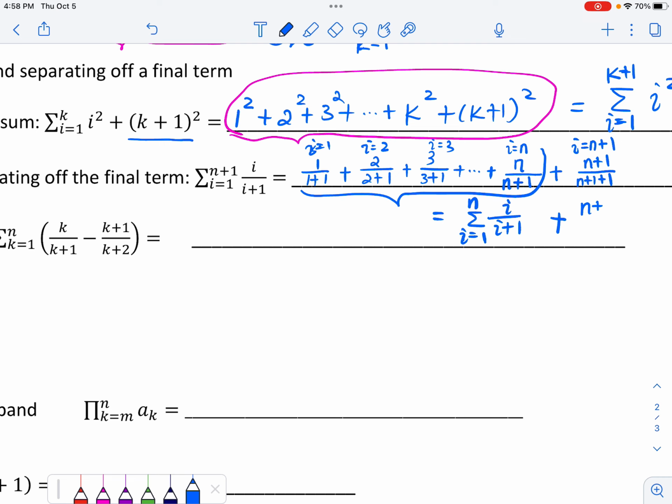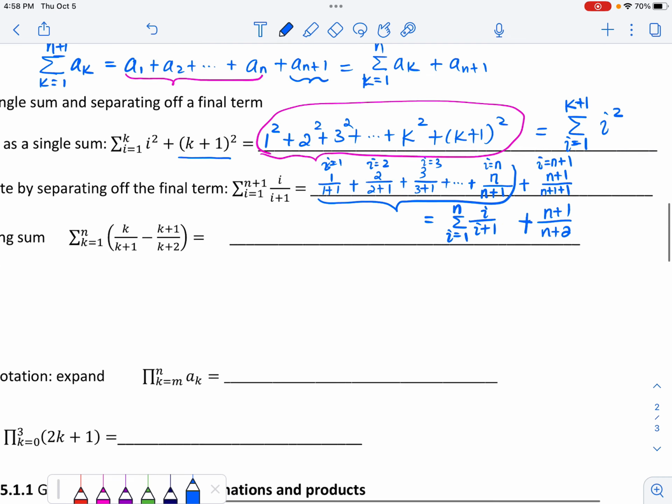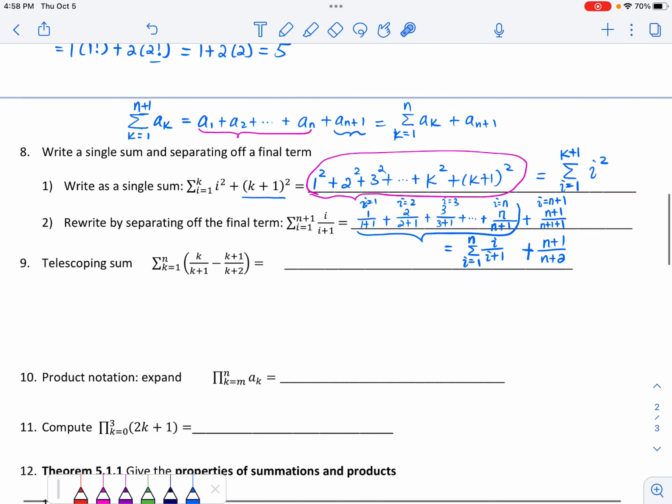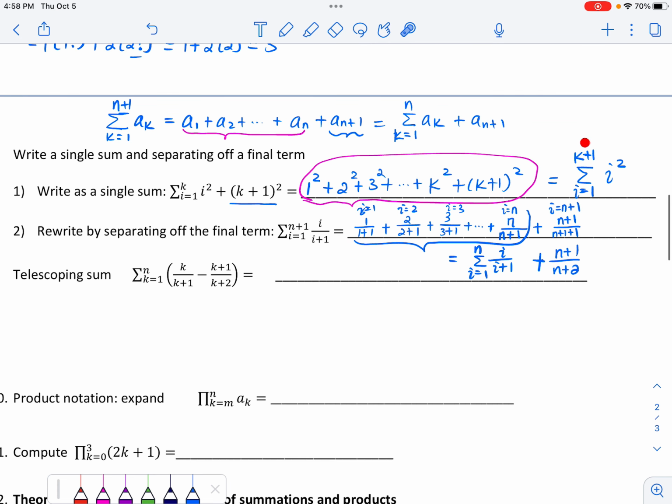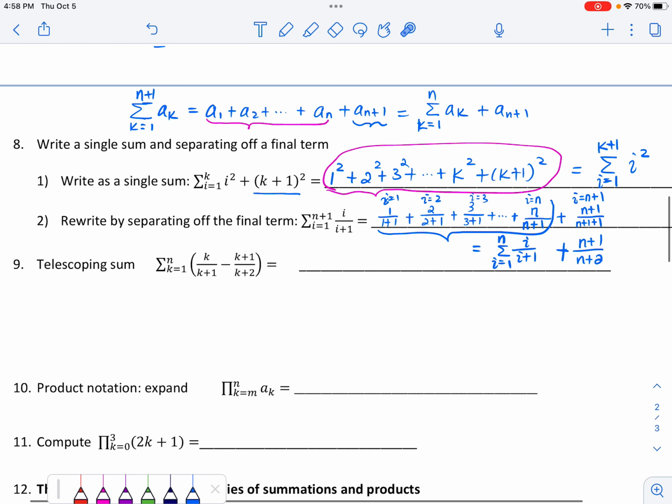So we successfully separate off the final term from this summation notation, and write it as a summation plus the final term. Again, this skill will be very helpful in a later section of this chapter. I hope that you are able to do it.